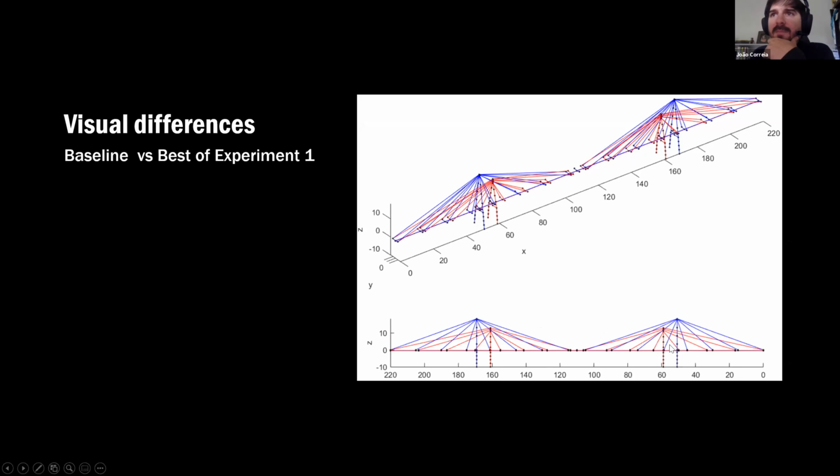And we can see they are pretty different, but it took into account the structural constraints, though it costs a little bit more because it uses more points of contact than the best baseline solution.